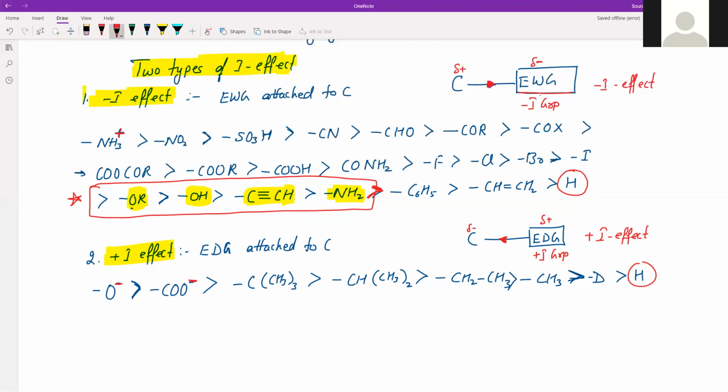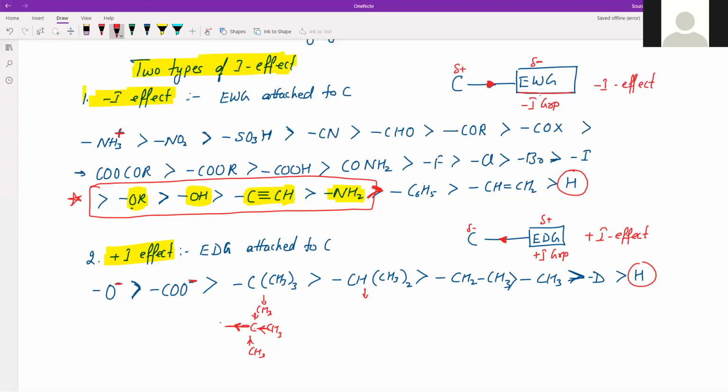And here you can see this part, this is actually like C with CH3, CH3, CH3. So an alkyl group always repels electrons from itself towards the carbon. Here all these three alkyl groups will repel electrons, and this carbon will also repel electrons.